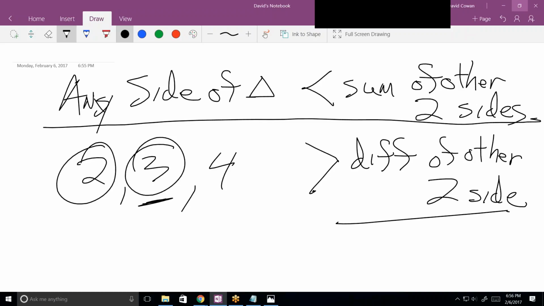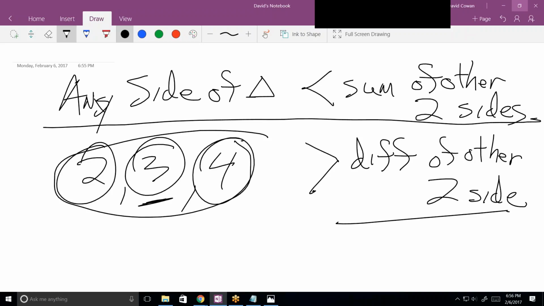And 4 is less than 2 plus 3, and it's greater than 3 minus 2. So you could have a triangle with sides 2, 3, and 4. Not a right triangle, but just a triangle.